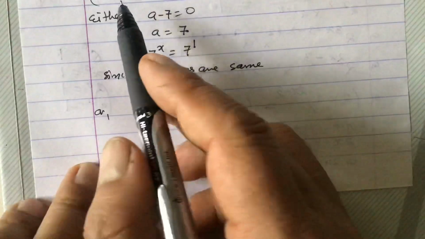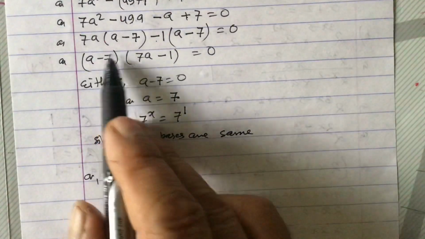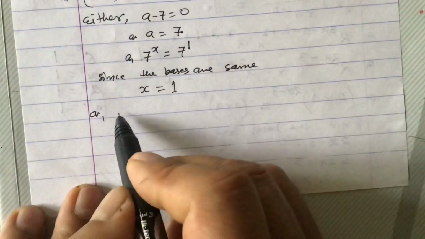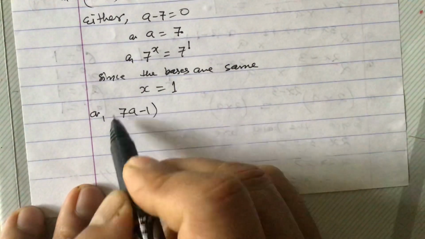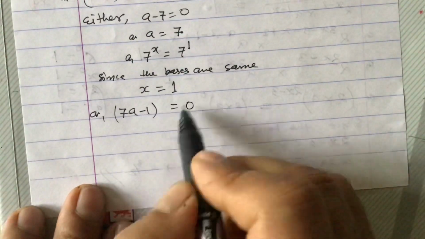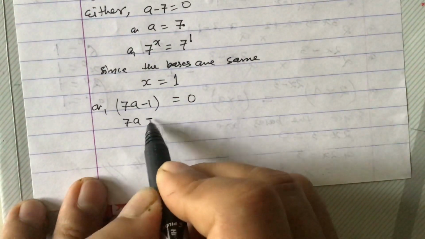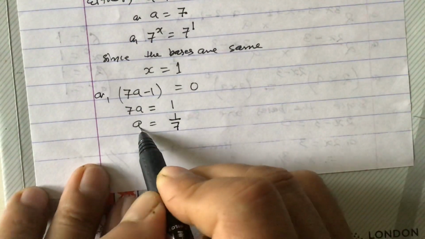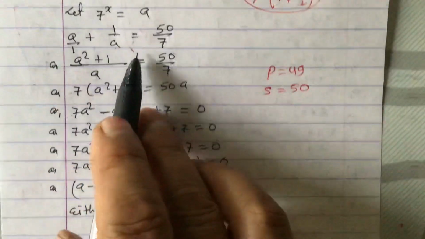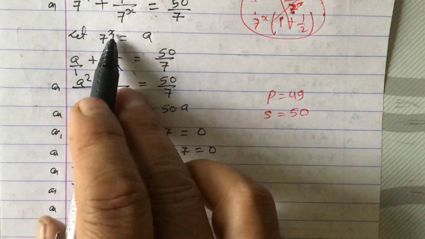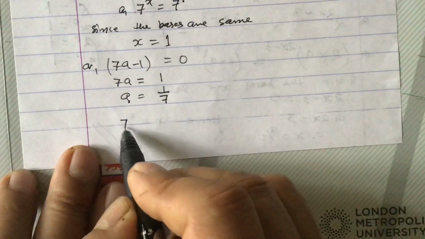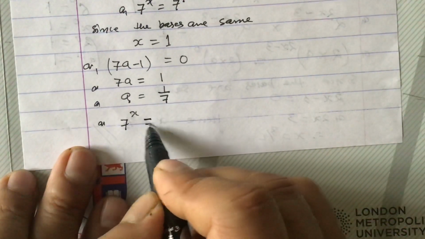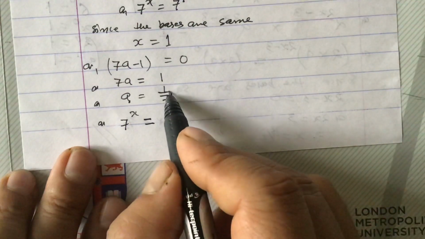Similarly now, another thing. One factor we have simplified: a minus 7 equals to 0 we have completed. Now there is another also, 7a minus 1. Again 7a minus 1 also can be equals to 0. So now shift that side, 7a equals to 1. So a equals to 1 by 7. So a means again 7 to the power x. So you can write here 7 to the power x equals to this one, 7 power 1, in the denominator.